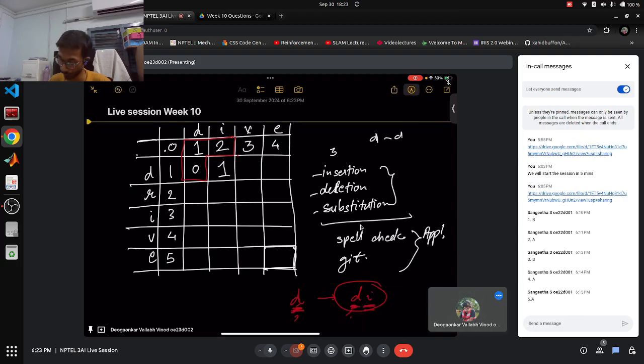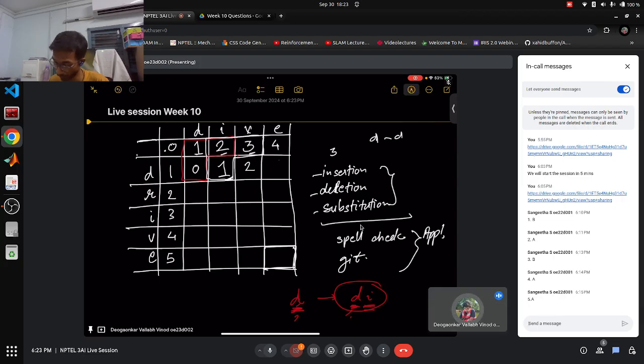Similarly, if you go for the next entry, we want to convert D to DIV. In this case you need 2 insertion operations, and that can also be cross-checked by comparing these 3 entries. The 1 is the minimum, and to that we add 1, so we will get here 2.